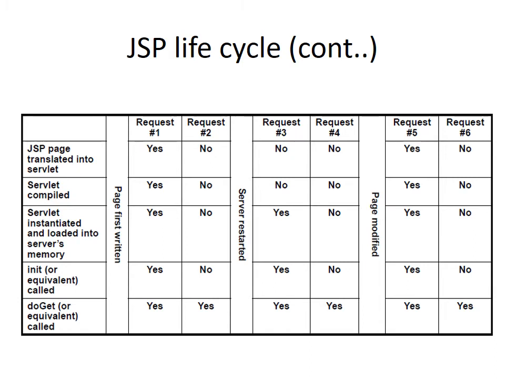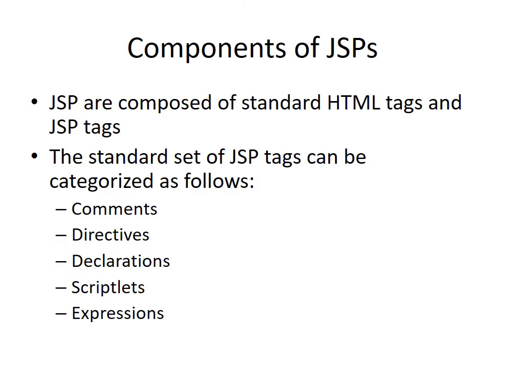Similarly, if the server is restarted and if your page is modified. Now doGet is where the body of your JSP page, other than your initialization code, will be executed every time a client request comes, because that is the body of your JSP page.